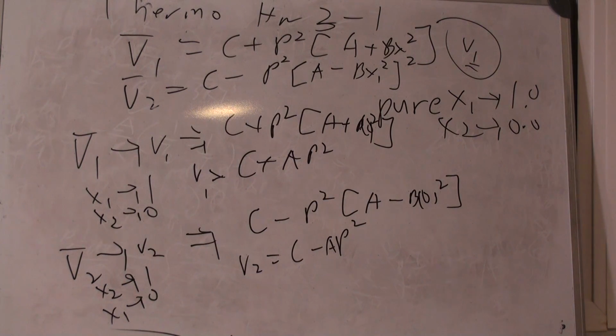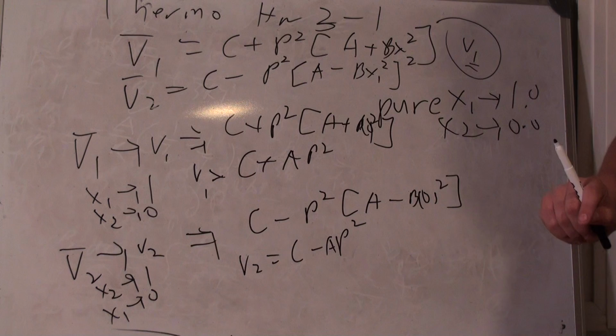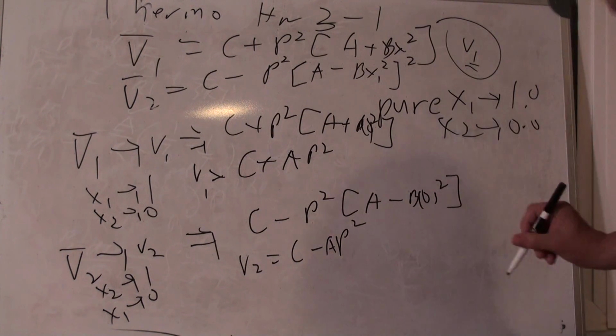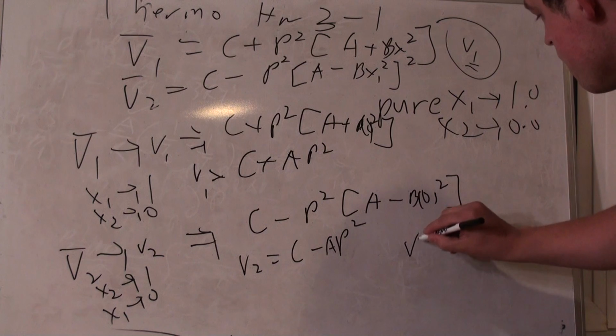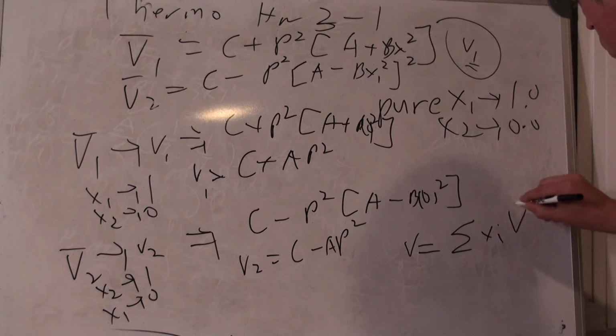Okay, so if I know how each component contributes to the mixture, well, I can know what is the mixture, because by definition, and I don't expect you to memorize a lot, but there's a couple things I want you to memorize. I want you to memorize the partial molar property definition, but I also want you to remember that V is equal to the summation of xi times partial molar Vi. Okay.